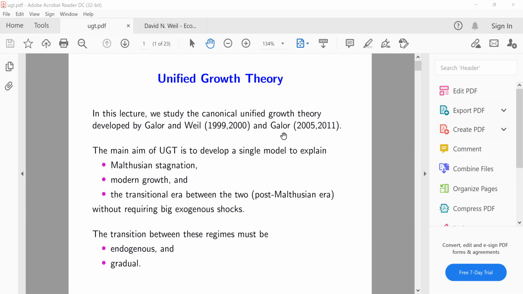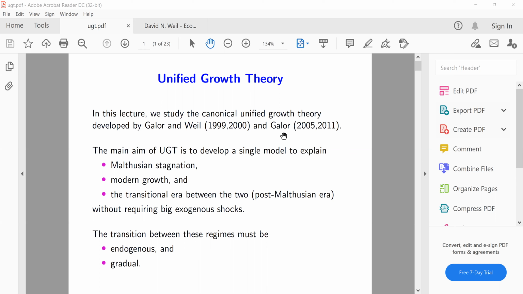Of course, there are shocks, and some shocks are exogenous, such as the Black Death, for instance. But even there, we want to understand the consequences of such shocks in a manner consistent with our typical modeling approach, because we want to endogenize stuff.